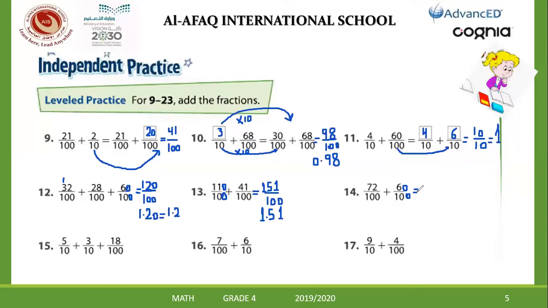Great job. By this way, you got here the trick for adding fractions. The trick again for adding fractions, we must have the same denominator to add the fractions, because when we add fractions, we cannot add the denominators. So here we keep it the same.